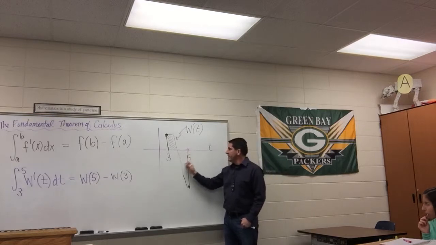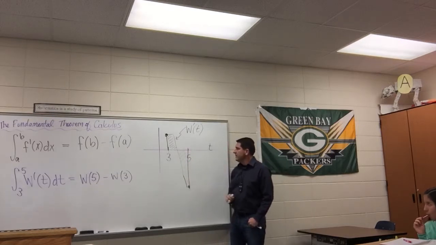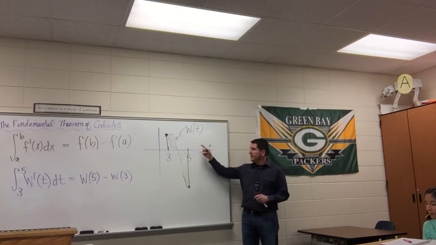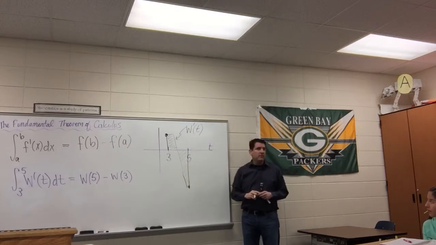The area right here, which is bounded by w prime and the t-axis, tells you how much that the function w is decreasing by.